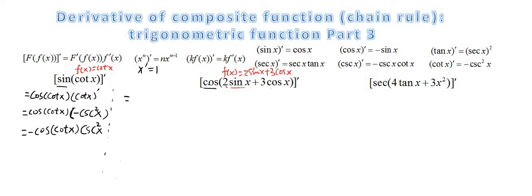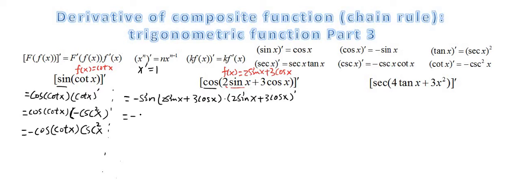Capital F is cosine, so the derivative of cosine should be negative sine. So negative sine of f(x), which is 2 sine x plus 3 cosine x, times the derivative of f(x), that is 2 sine x plus 3 cosine x, prime.